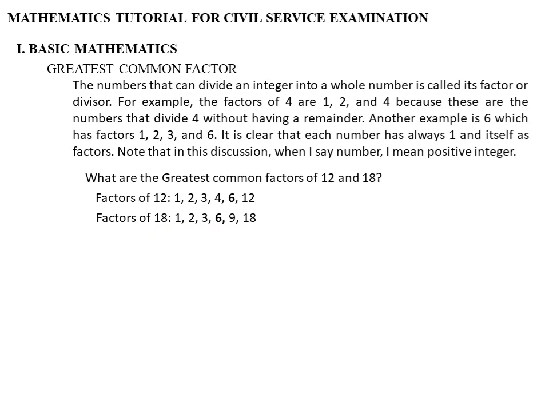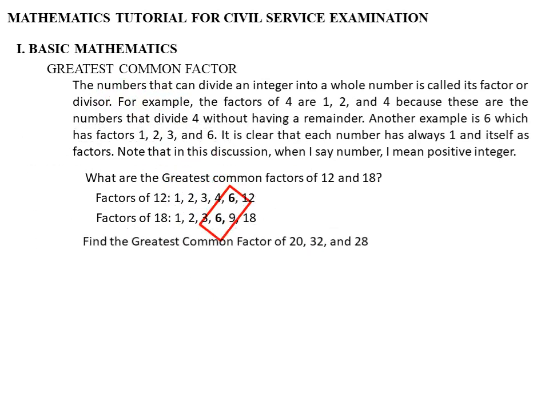So they have common factors here: the 1, the 2, the 3, and the 6. But this time, it is asking for the greatest common factor, not the least common factor. Okay, so the greatest common factor is 6.